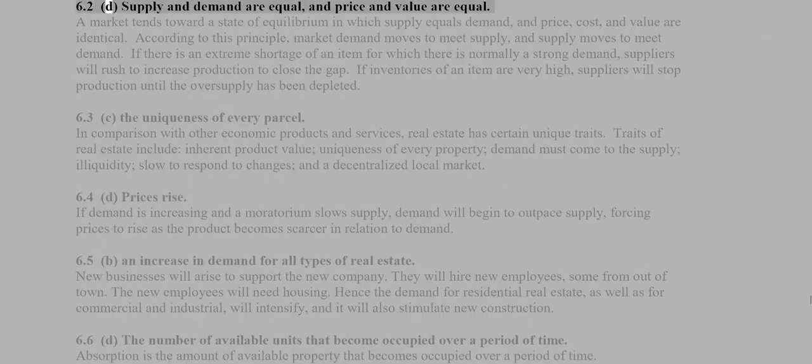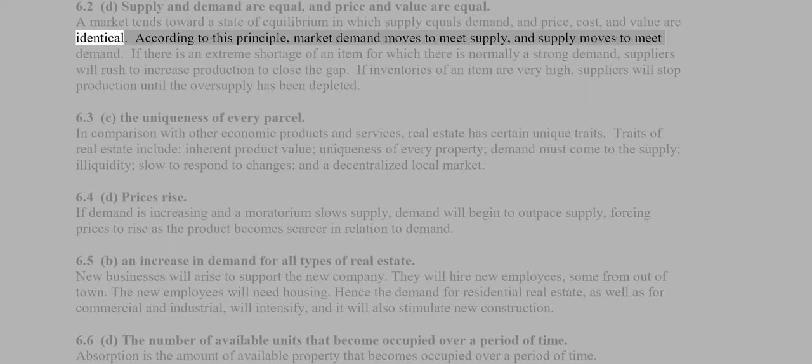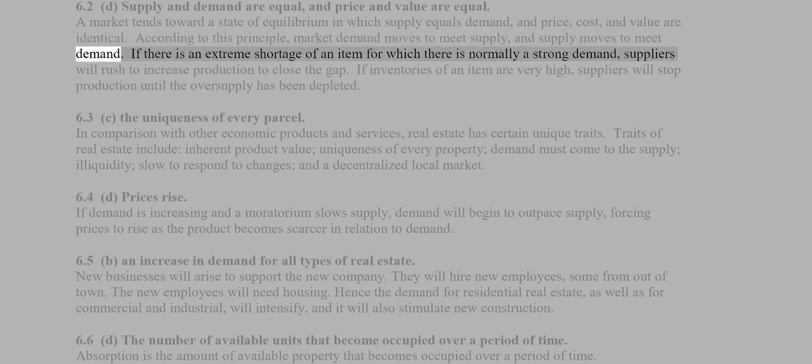6.2 d. Supply and demand are equal, and price and value are equal. A market tends toward a state of equilibrium in which supply equals demand, and price, cost, and value are identical. According to this principle, market demand moves to meet supply, and supply moves to meet demand.